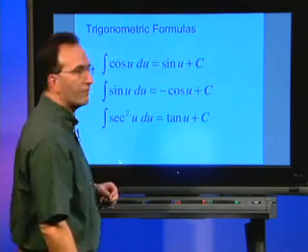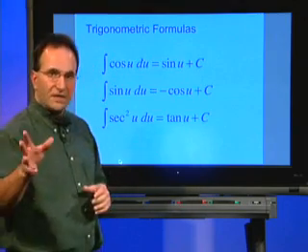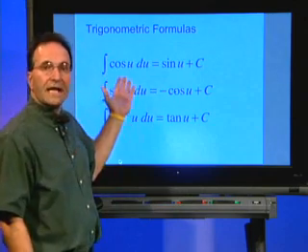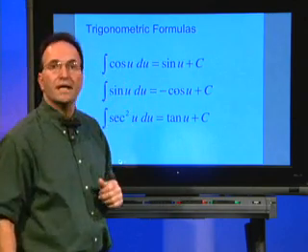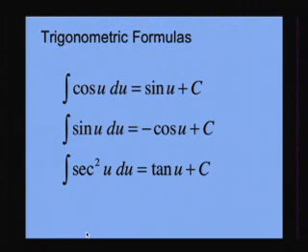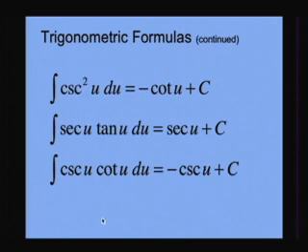Let's look at some trig formulas now. We have 6 of them. Let's look at these 3. The integral of cosine u du is equal to sine u plus c. And the integral of sine u du is equal to negative cosine u plus c. And the integral of secant squared u du is equal to tan u plus c.